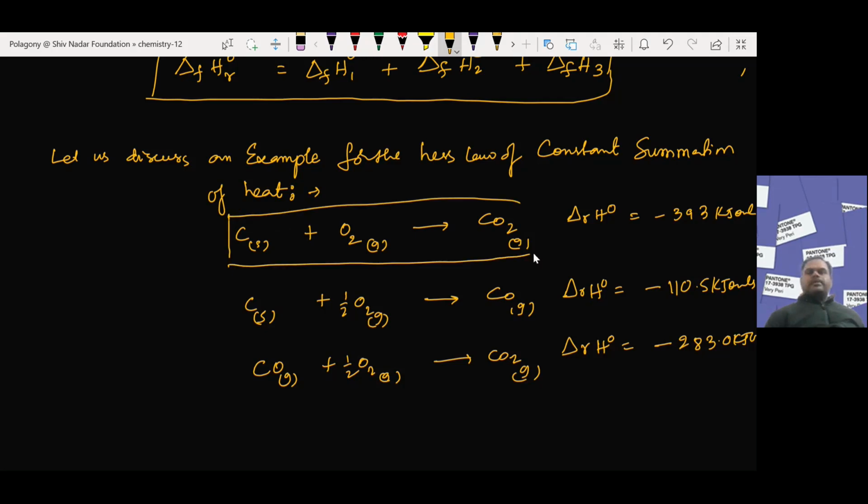Burning completely to form carbon dioxide is written as a single step.